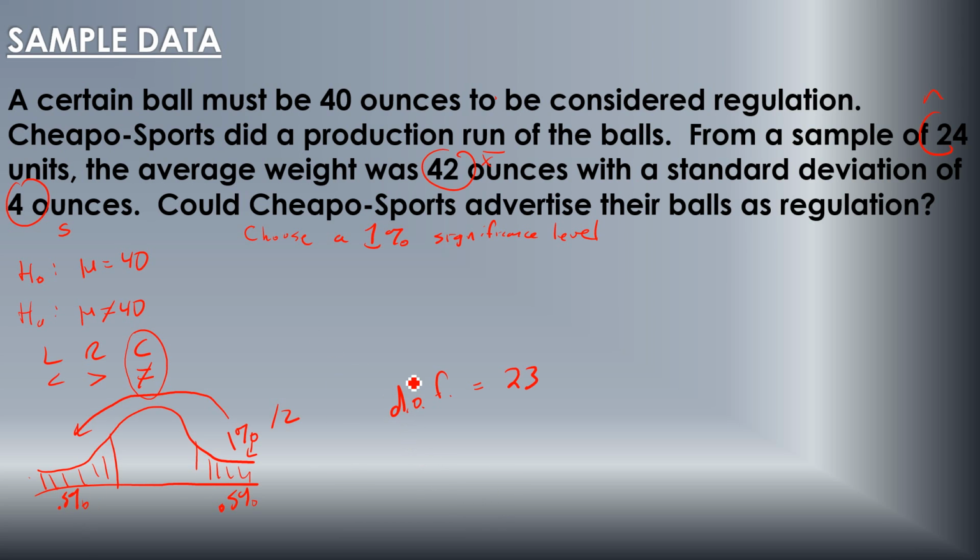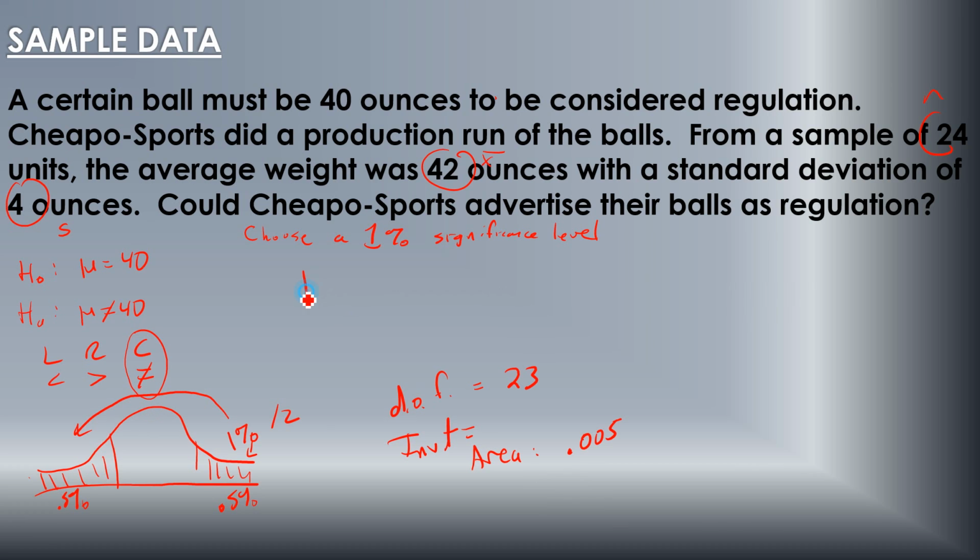And that means when we do our inverse T, our area is going to be 0.005. Now, you could do it twice, one for 0.005 and one for 0.995, but really you don't need to. It's just going to be a difference in sign.